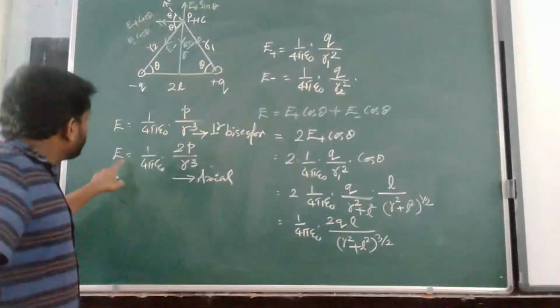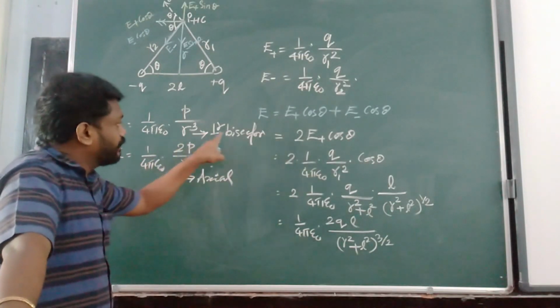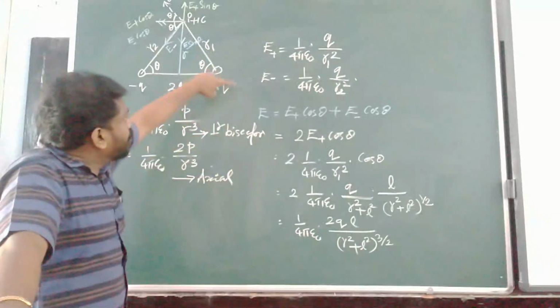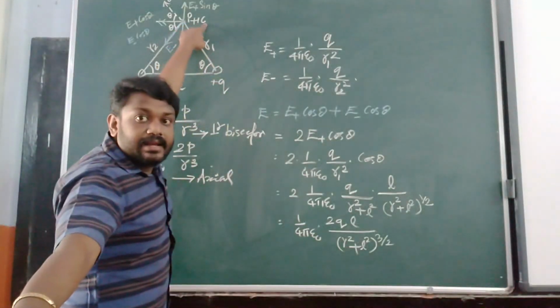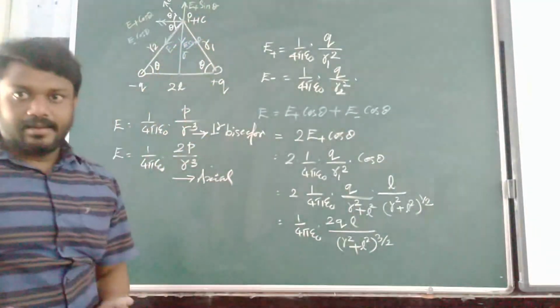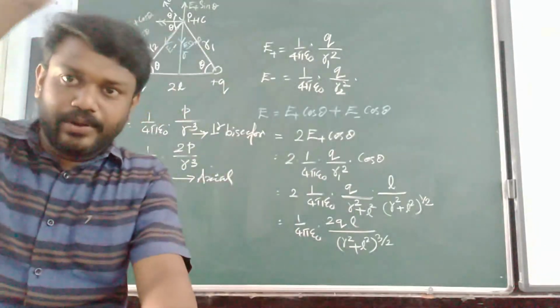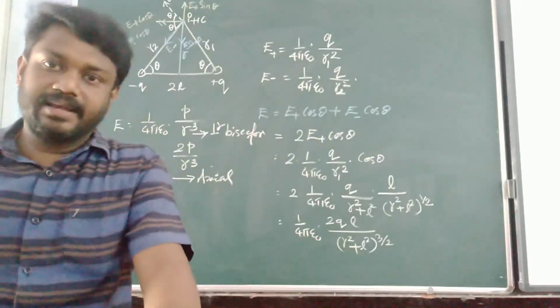So along the axial point, it is 2 times greater than the value along the perpendicular bisector. Or from the axial point, if you are moving to the equatorial point, the electric field intensity will become half of the value. Are you okay? Or if you are moving from the equatorial point to axial point, the electric field intensity will become double.